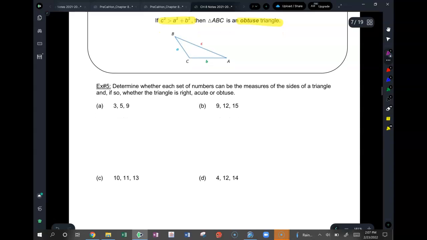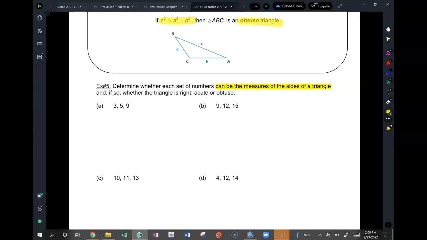So look at this example. The instructions: determine whether each set of numbers can be the measures of the sides of a triangle. First of all, we're going way back. First and foremost, is this even a triangle? And then, is it acute, obtuse, or right?